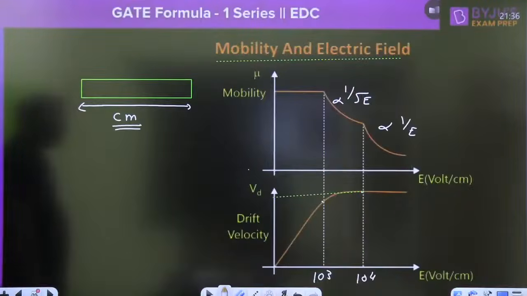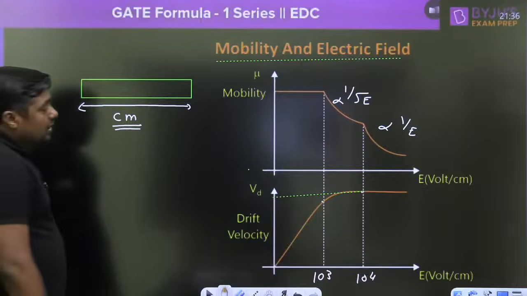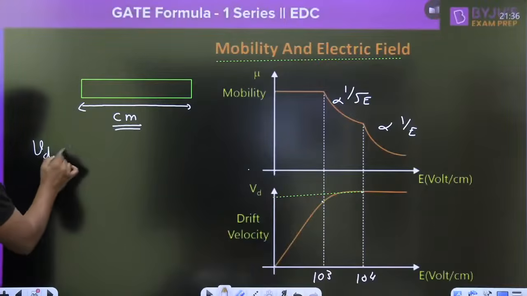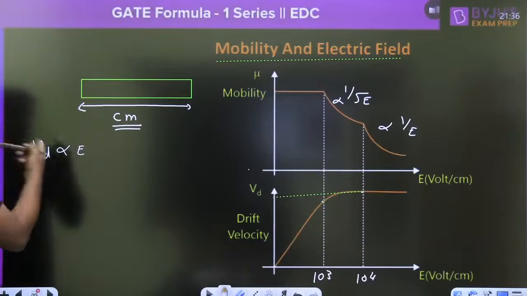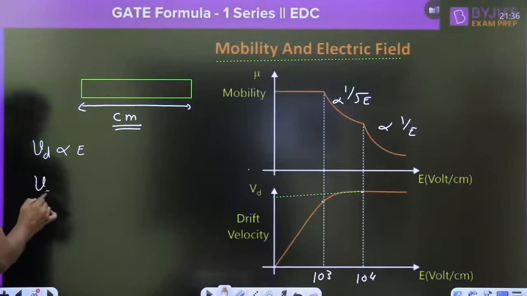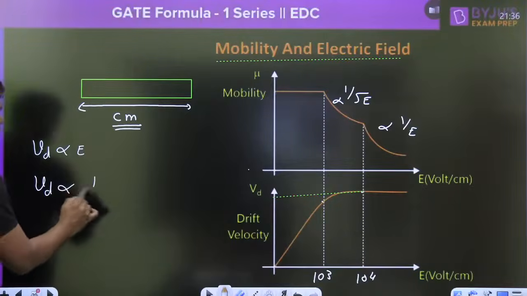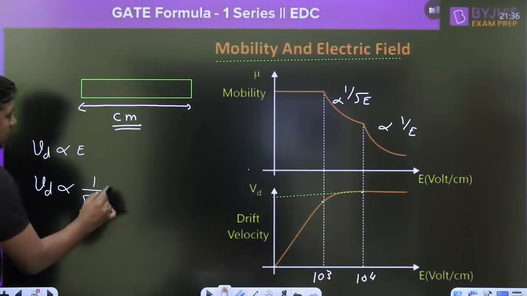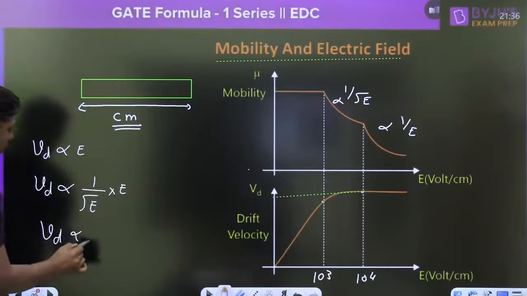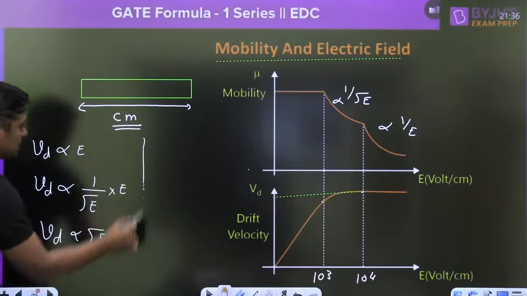What is directly proportional, my dear? First of all, the drift velocity is directly proportional to E, and mobility is independent. In the second case, if the mobility depends upon 1 by root E, then Vd is proportional to root E. That is the change.